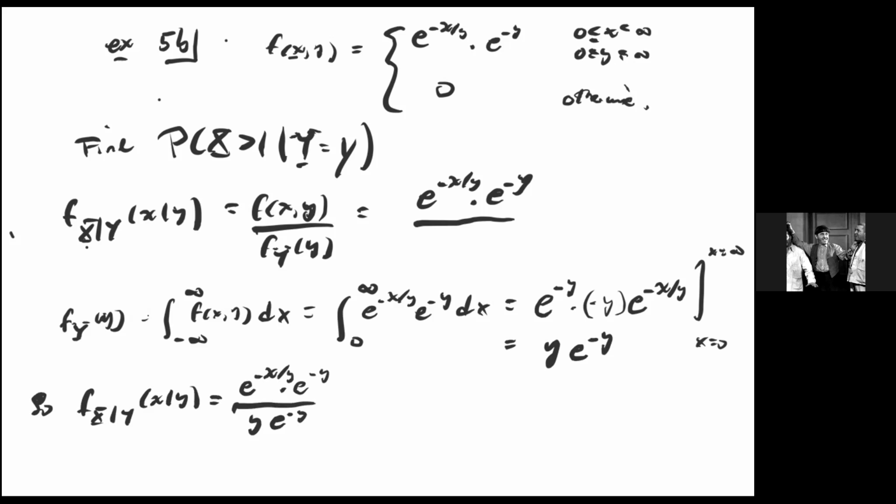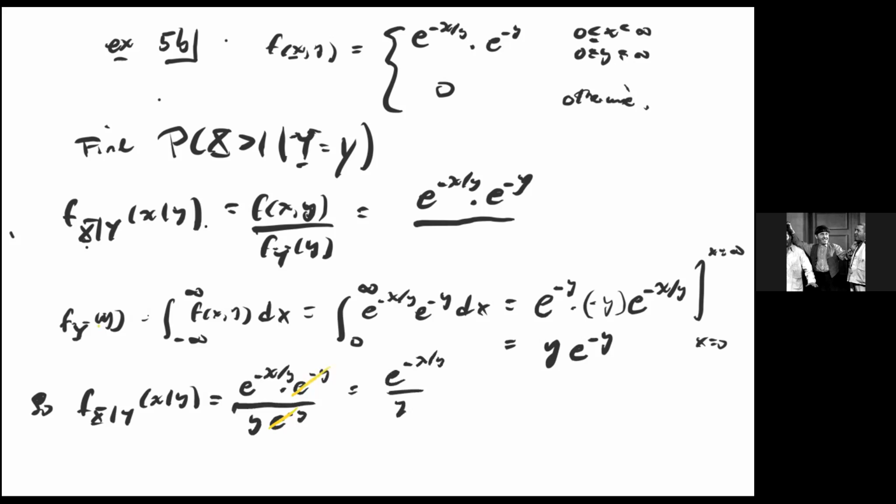There's a cancellation that occurs, and you're left with e to the minus x over y divided by y. And here we're assuming that x and y are not negative. Okay, so now we go back to solve the original problem.